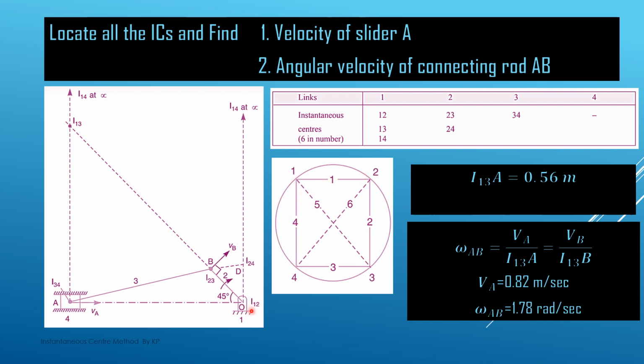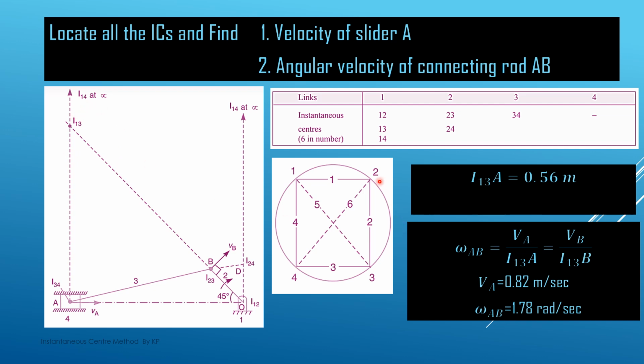So I12 is here, then I23 is here, we extend this line. Okay, then I34 is here, and I14 is at infinity. So this is the line joining I34 and I14. Okay, this is that line basically. Now wherever these two lines meet, there we get I13. This is I13. So this way we can locate I13.